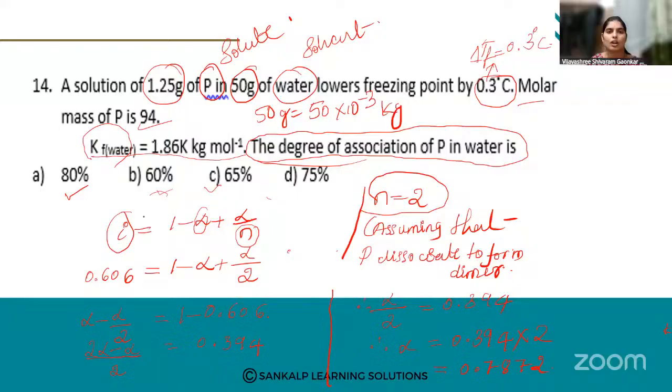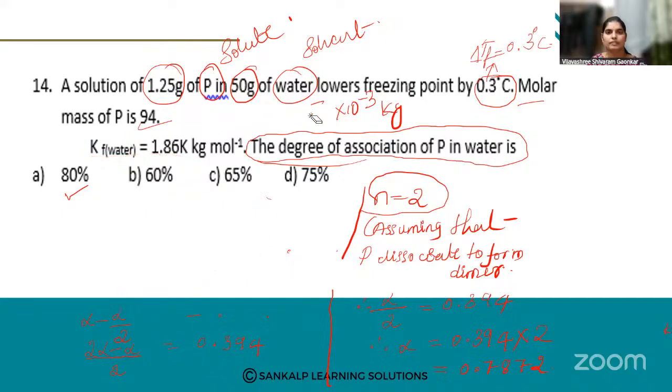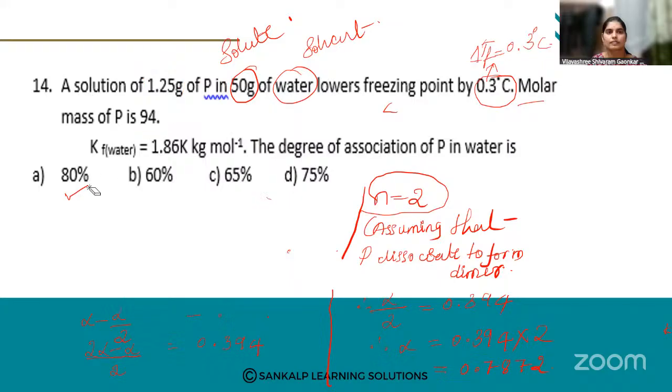Now look at the options, children. Option A 80%, option B 60%, option C 65%, option D 75%. The options are given in percentage, so the degree of dissociation has to be given in percentage.